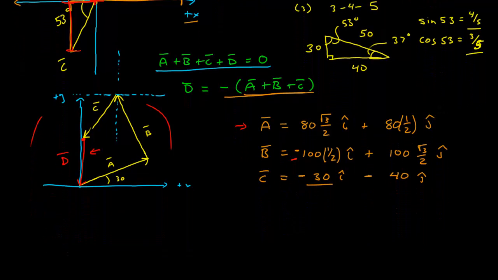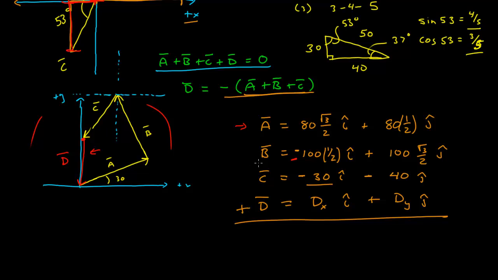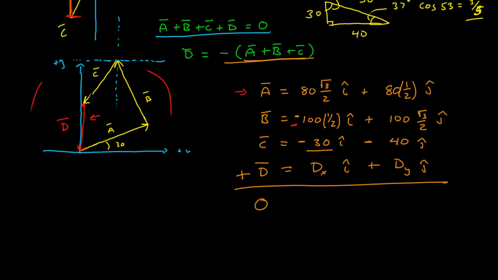Okay, so again, now my D is my unknown, and so it has an x component and a y component. And if I sum all of these vectors, I get 0. And so for the resulting sum of the vectors to be 0, it must have a 0 x component plus a 0 y component.